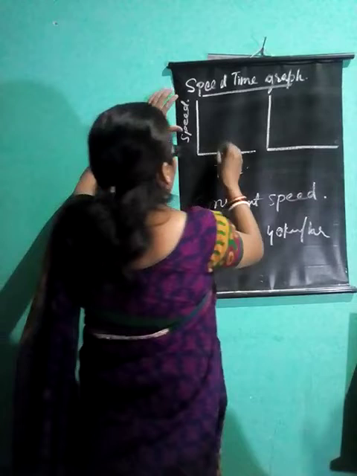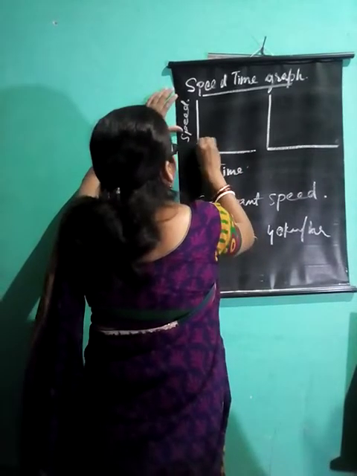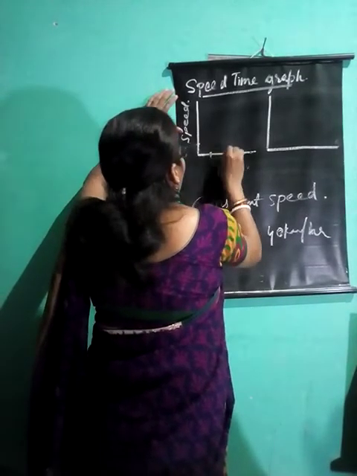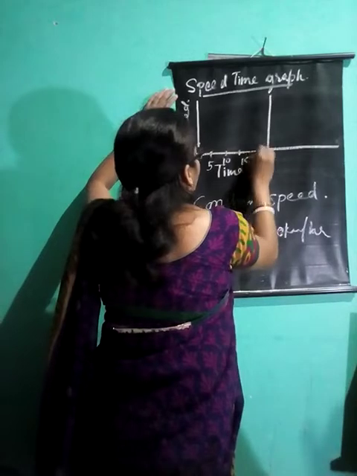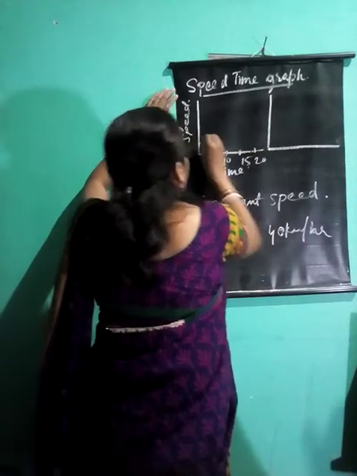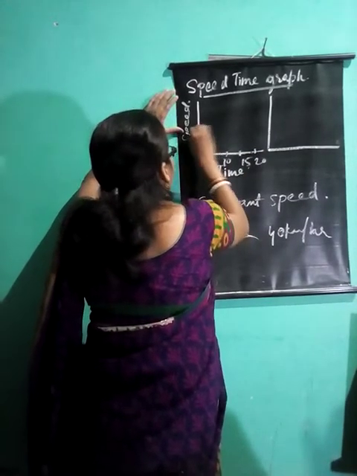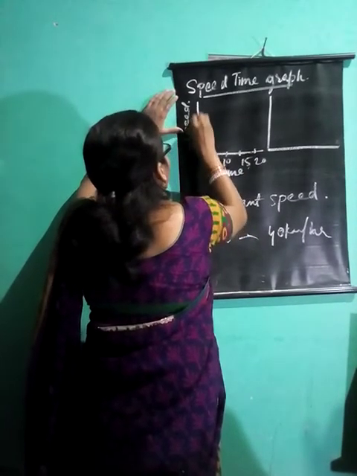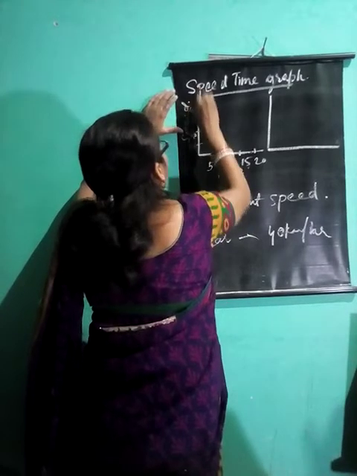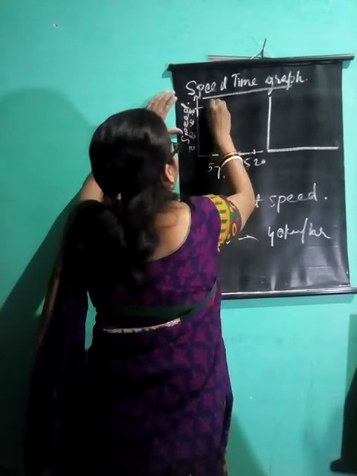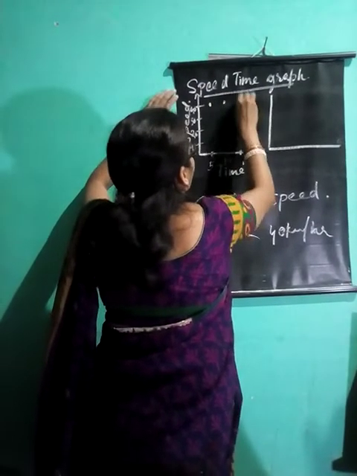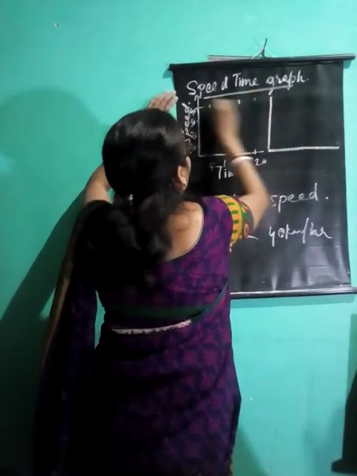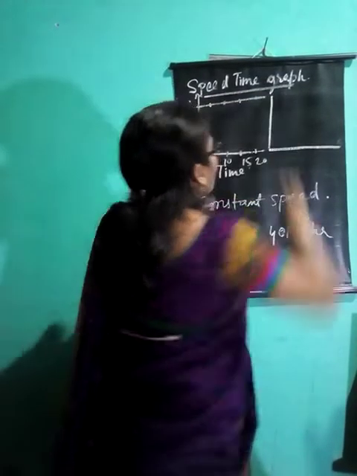So for constant speed, how are you going to take it here? For 5, 10, 15, 20 seconds, you have here 10, 20, 30, 40. So for 5 it is 40, again for 10 it is 40, for 15 it is 40, for 20 it is 40. So in each case what is it coming?